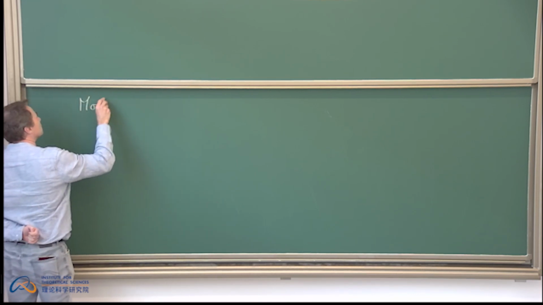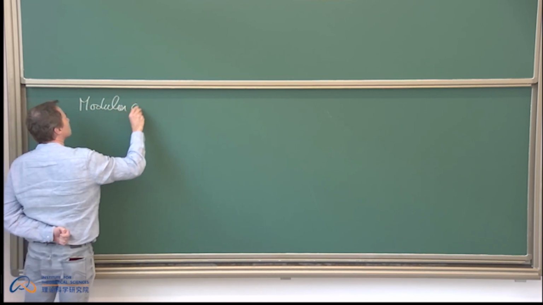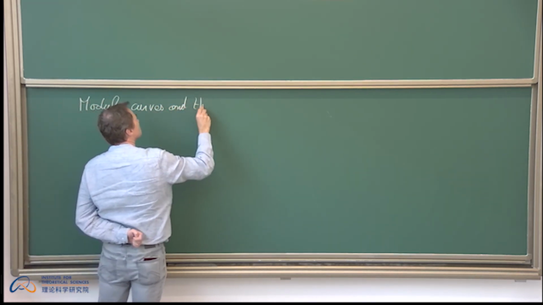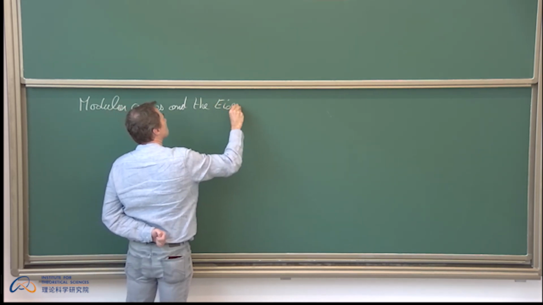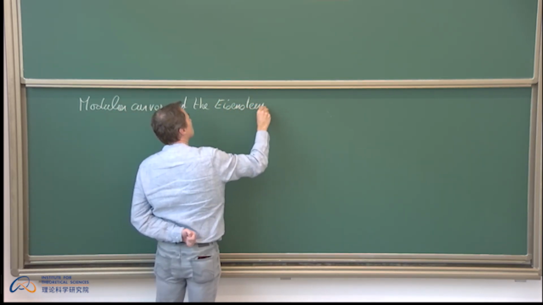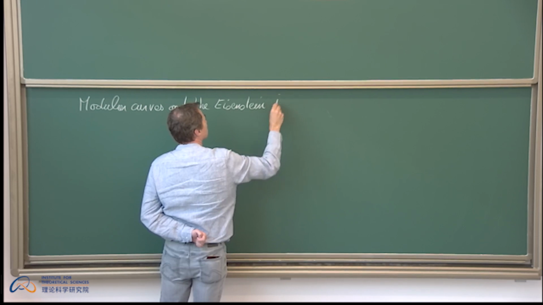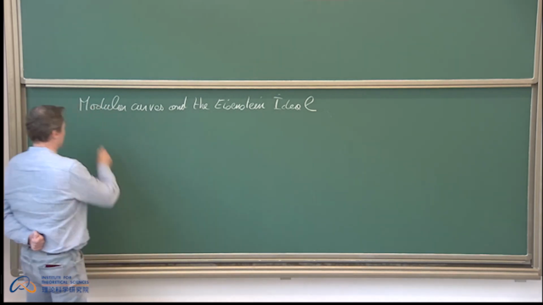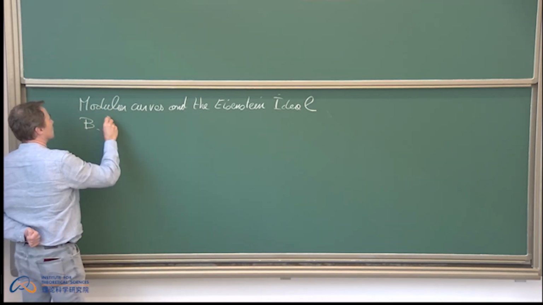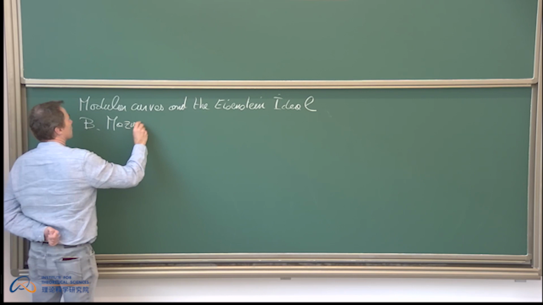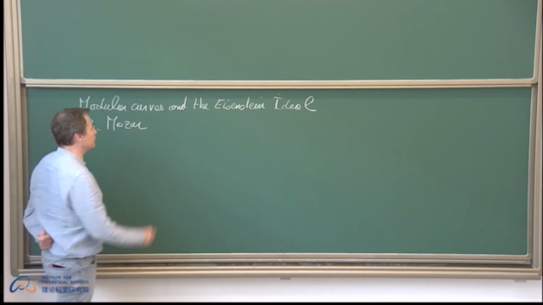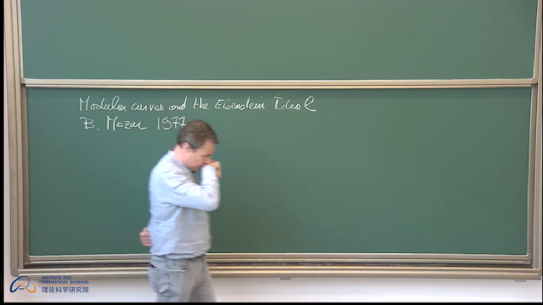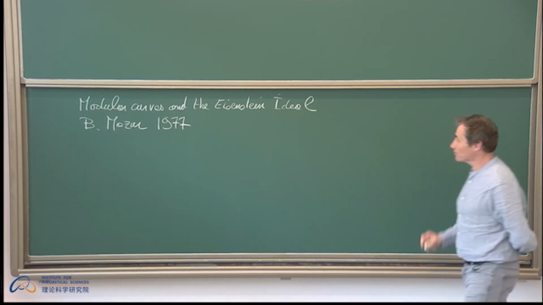The title is Modular Curves and the Eisenstein Ideal, by Barry Mazur, and it was published in 1977 in the publication Publications Mathématiques de l'IHÉS.